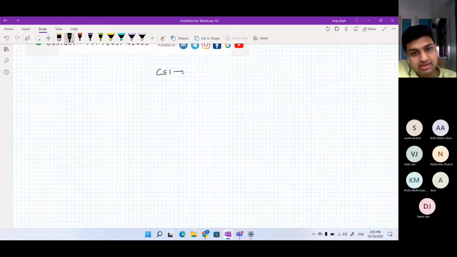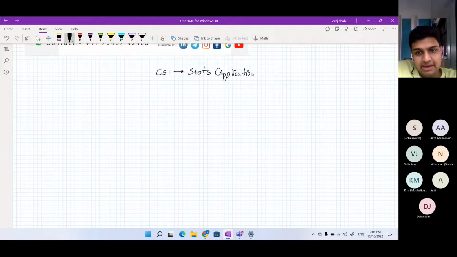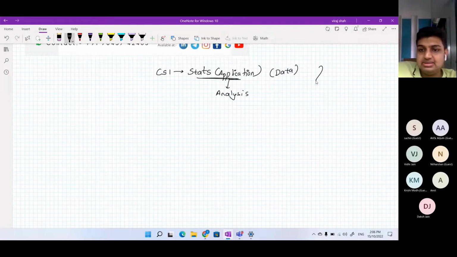CS1 is nothing but a statistical application which basically indicates how to analyse the data you have. Your analysis is applicable to a wide range of scenarios.